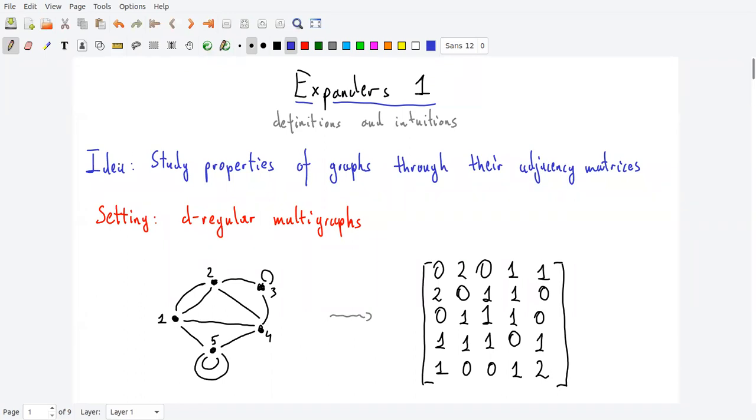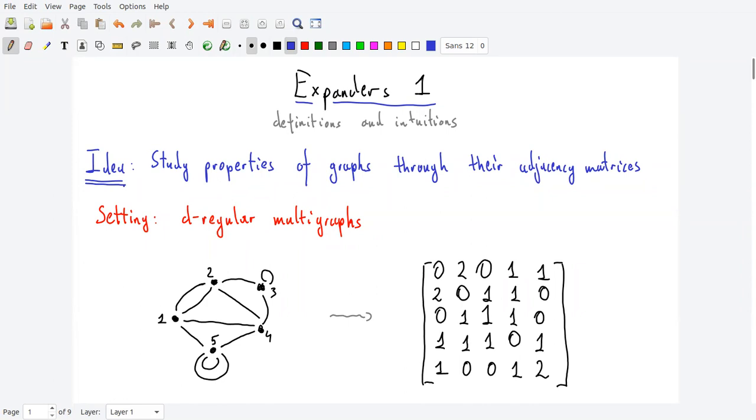Okay, so let's go to the intuitions behind all of this. The main idea, a basic idea that you have probably seen in some places, and that is actually quite natural once you start to think about graphs, is that with a graph we can associate an algebraic object, an adjacency matrix of the graph. If you want to think about the combinatorial properties of a graph, you can try to understand them through some properties of its adjacency matrix.